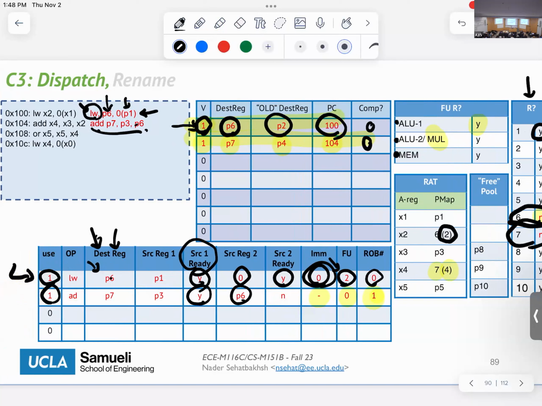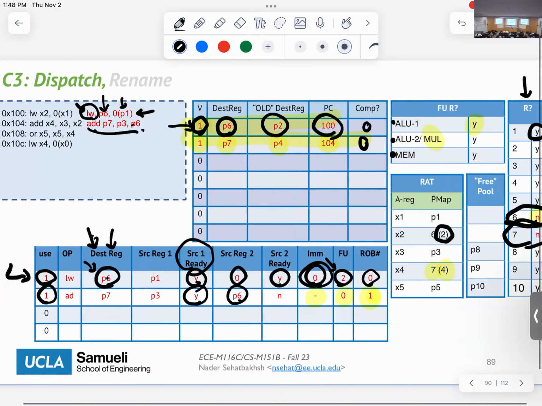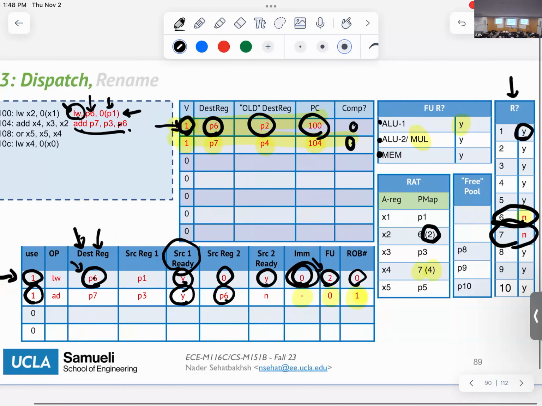Since it is using P6 as a destination, I'm going to go inside this ready table, which shows the readiness of my physical registers, and put no here for the first instruction. In the second instruction, I'm going to use P6 as my source. I'm going to go back and check this and see that there is a no there, so I'm going to put a no here. This is exactly the same RAW data hazard that we had before, right?